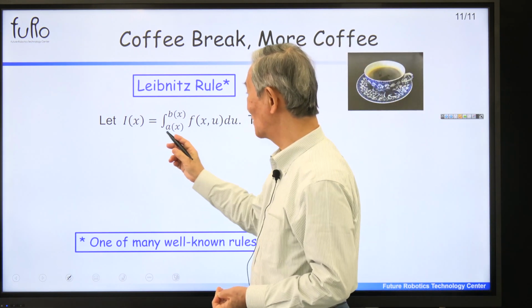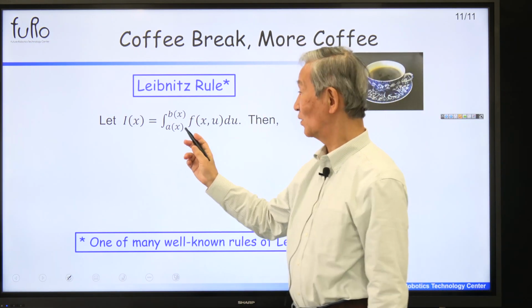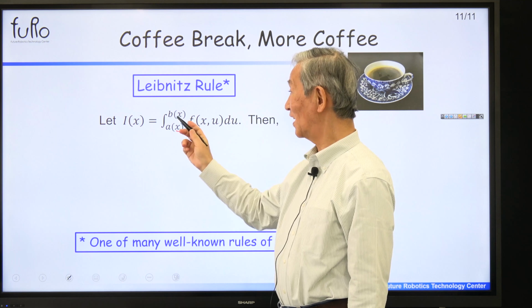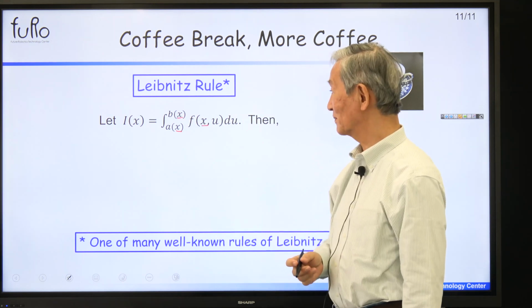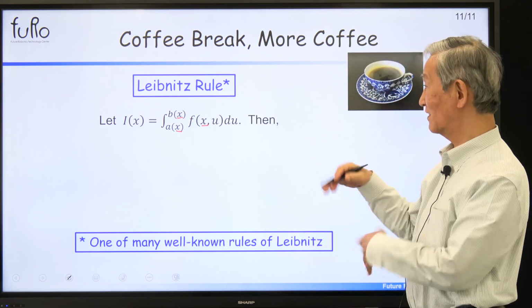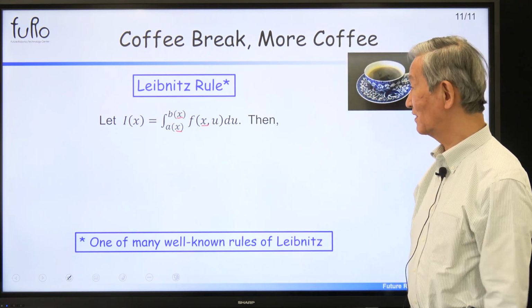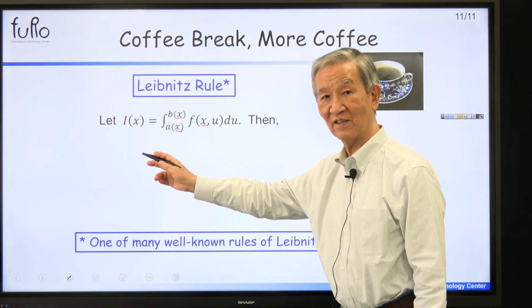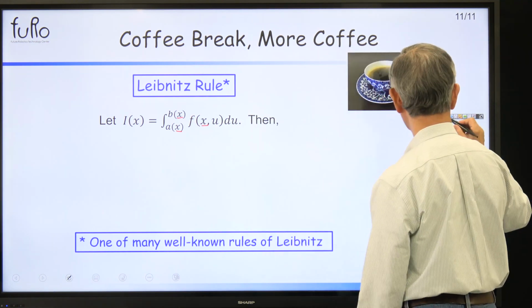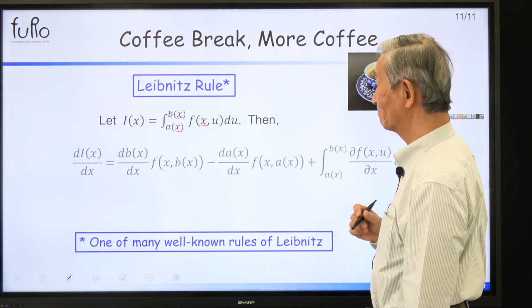Let I(x) be equal to, wow, look at this one here. Lower limit has x in it, upper limit has x in it, and integrand has x in it. So it's something else. And you want to differentiate this in terms of x. What's going to happen?